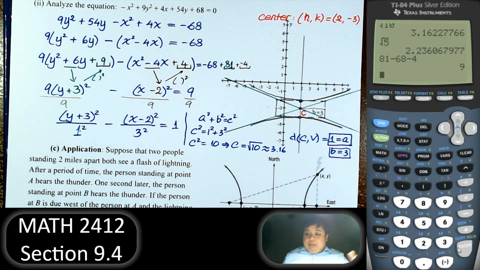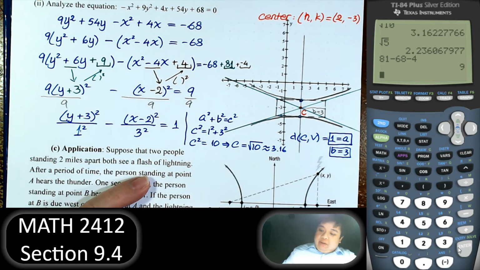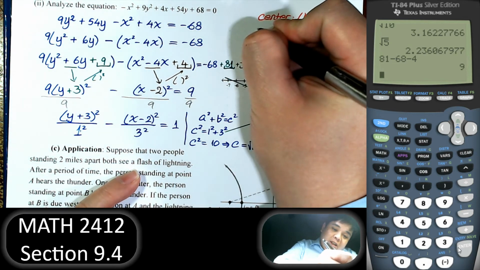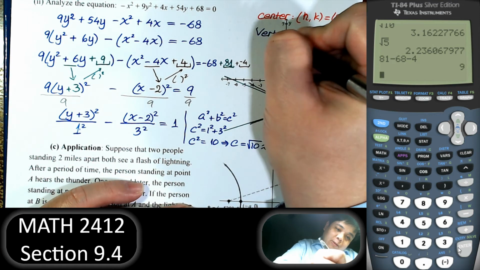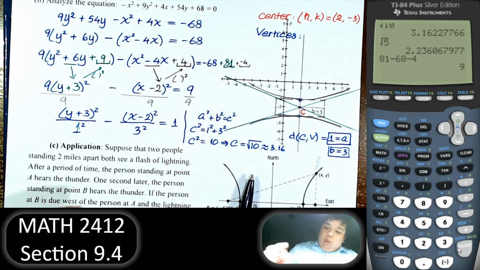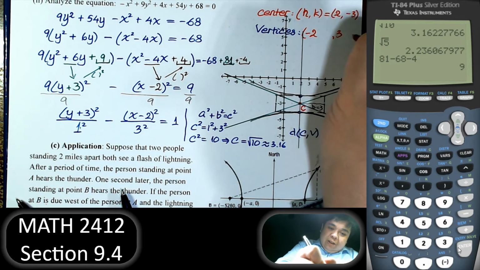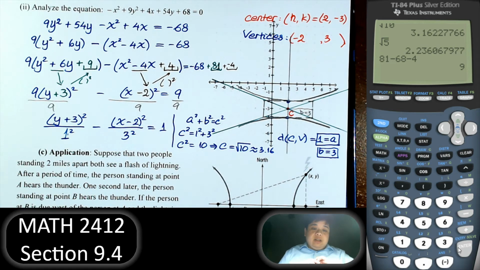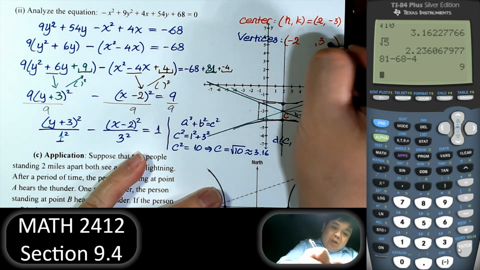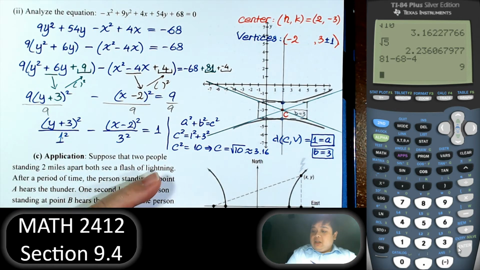Now, if we have to write the coordinates of everything, we know the center is 2 and negative 3. If we want to go to the vertices, we start from the center. The vertices are 1 unit up and down, so we're just going to plus 1 or minus 1, and that gives us the coordinates of the vertices.